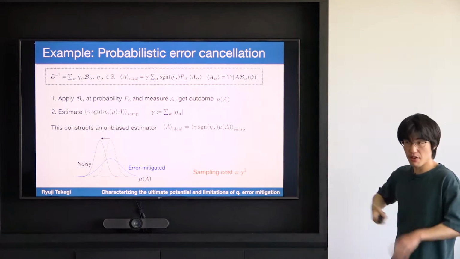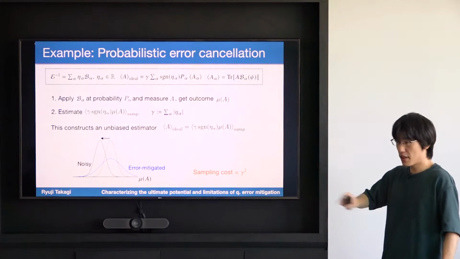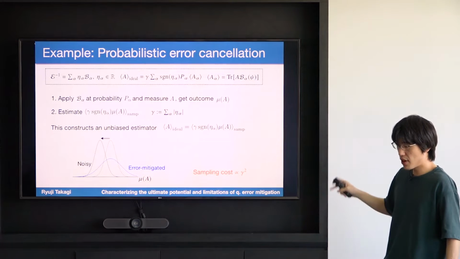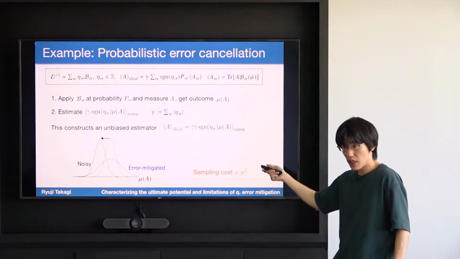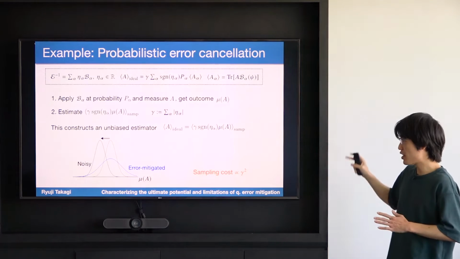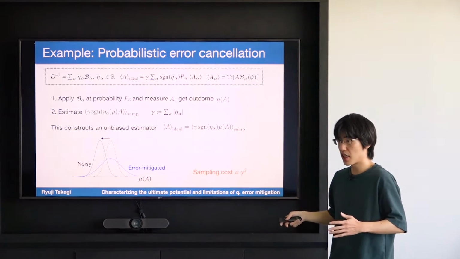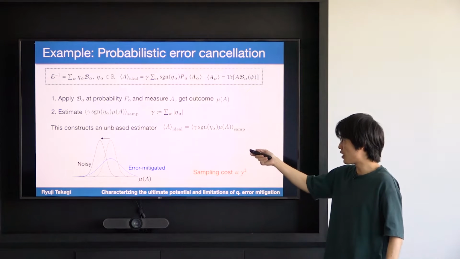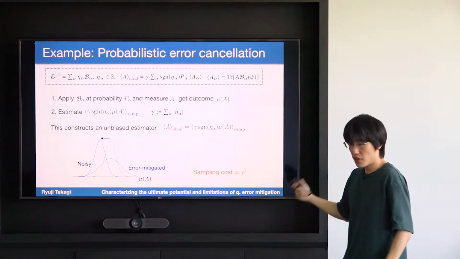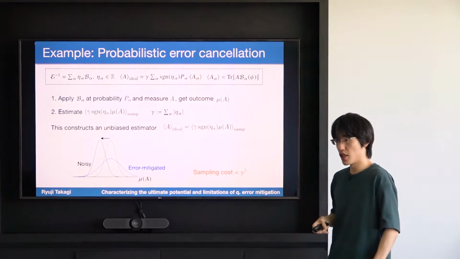And I repeat it so many times and take a statistical average. Then at the end, at least in the infinite sample limit, it gives you the ideal expectation value. So by that, I say that this constructs an unbiased estimator, because the expected value that you will get by this technique is the same as the expectation value that you were originally interested in.